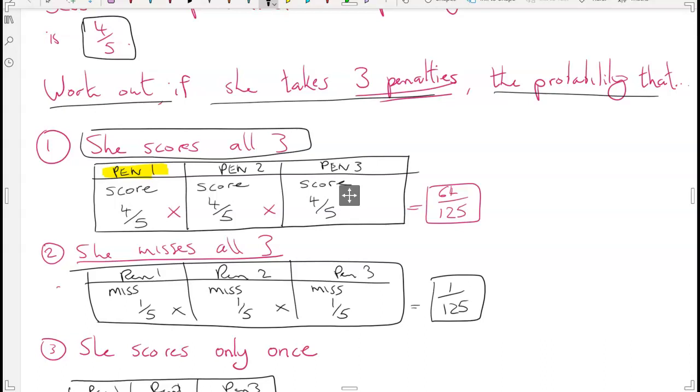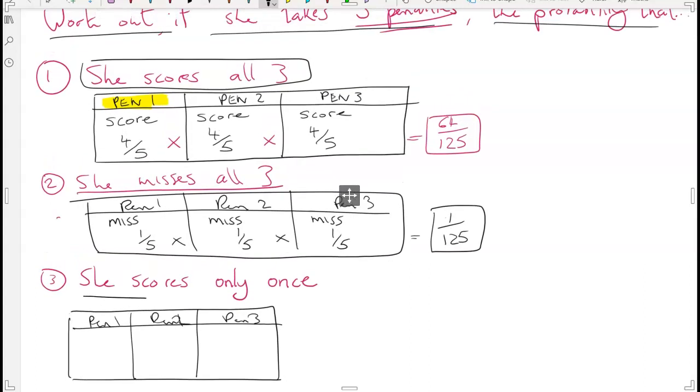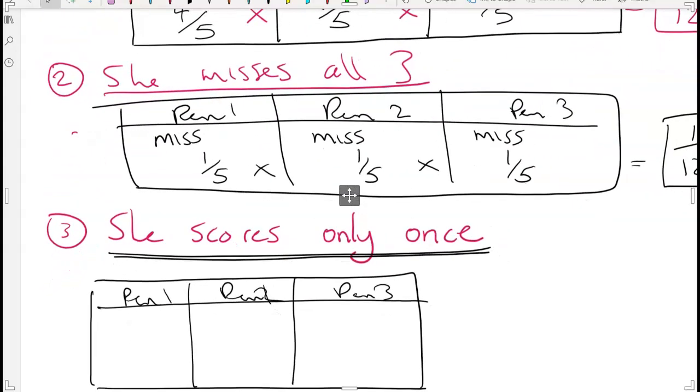So that's very straightforward when it comes to Bernoulli trials. But of course it does get a little bit harder in a question like this. What's the probability that she scores only once? Now, you might think that that's straightforward. Let's think about it for a second. For her to score only once, let's say she scores the first penalty she takes.